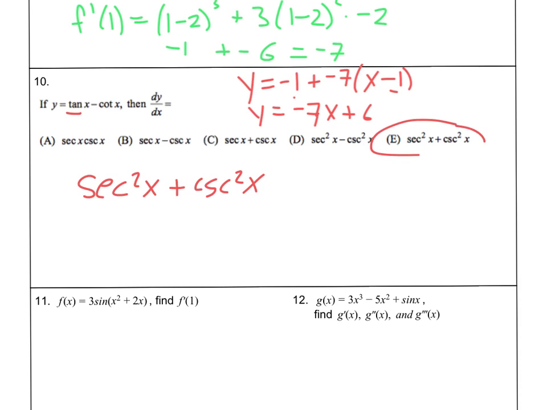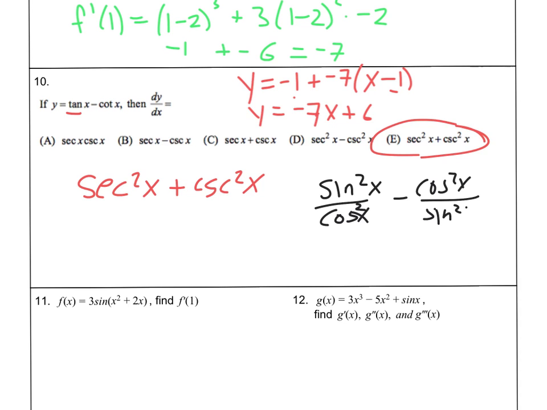And that's going to be choice E. If you didn't remember these, you could write these as sine squared over cosine squared minus cosine squared over sine squared, and treat both of these as a quotient rule.